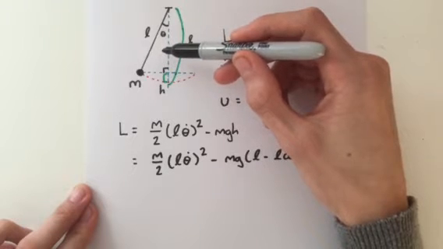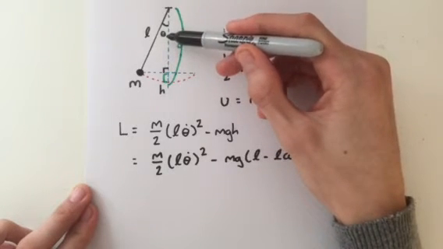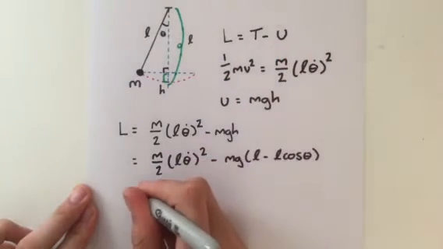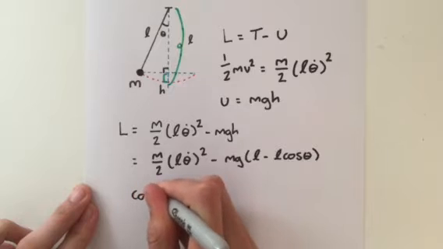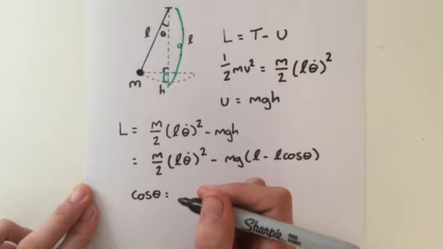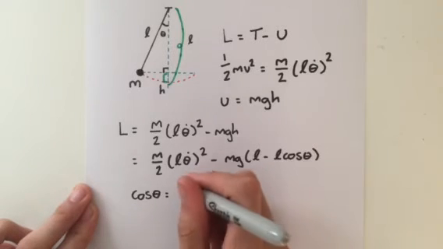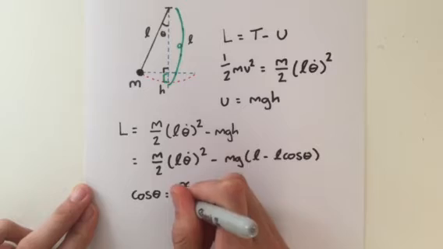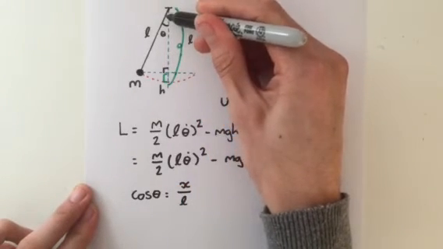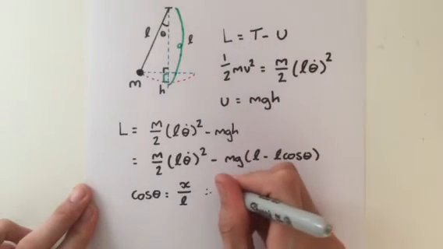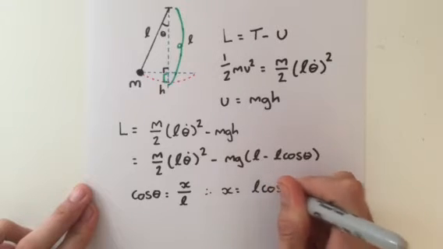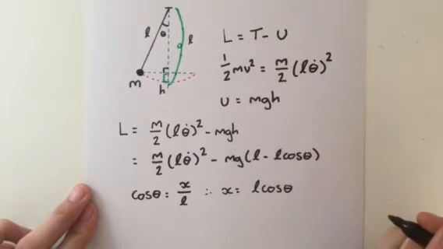Our hypotenuse is going to be L. So we get the cosine of theta is going to equal our adjacent divided by our hypotenuse, x over L. So this distance here is going to be x. Therefore, we get x is equal to L cosine theta.